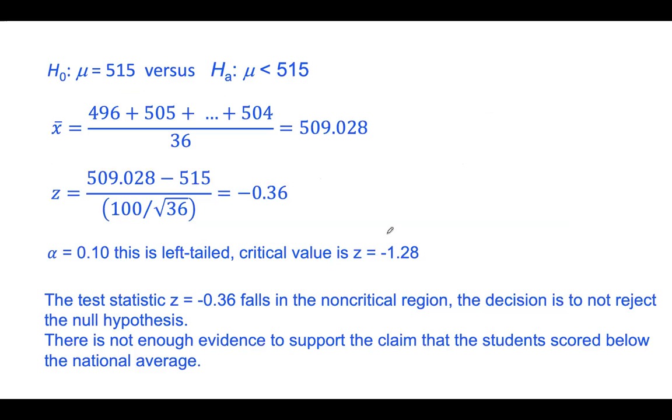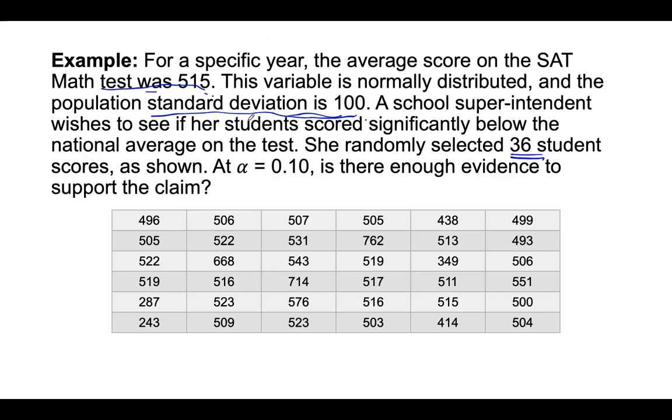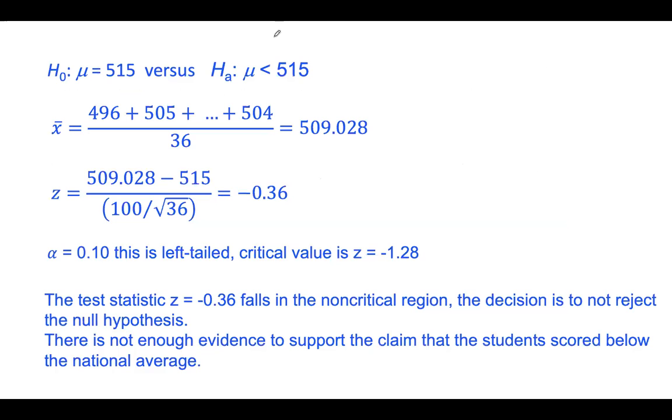So the alternative is that it's less than, because again, we want to see if it's below the national average. So the alternative is that mu is less than 515 versus the null hypothesis that mu equals 515. Now, we could compute the average x bar of all these numbers.